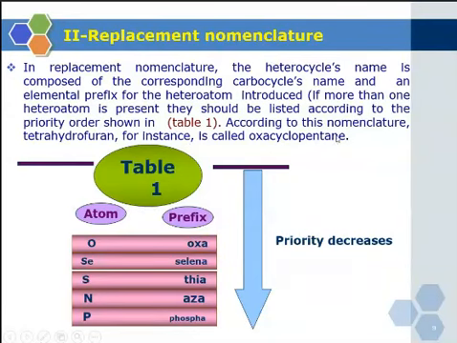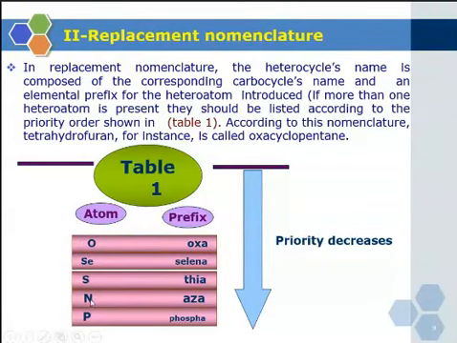If you see the structure, oxa stands for oxygen atom. Cyclo means it is a cyclic structure. Then the name pentane means it is a 5-membered structure, and the term ANE indicates that it is a saturated heterocyclic compound.